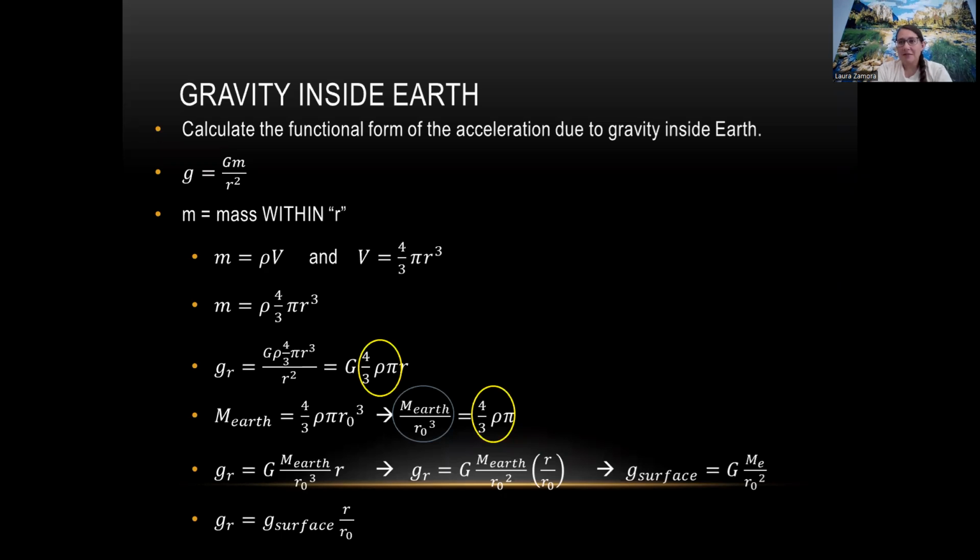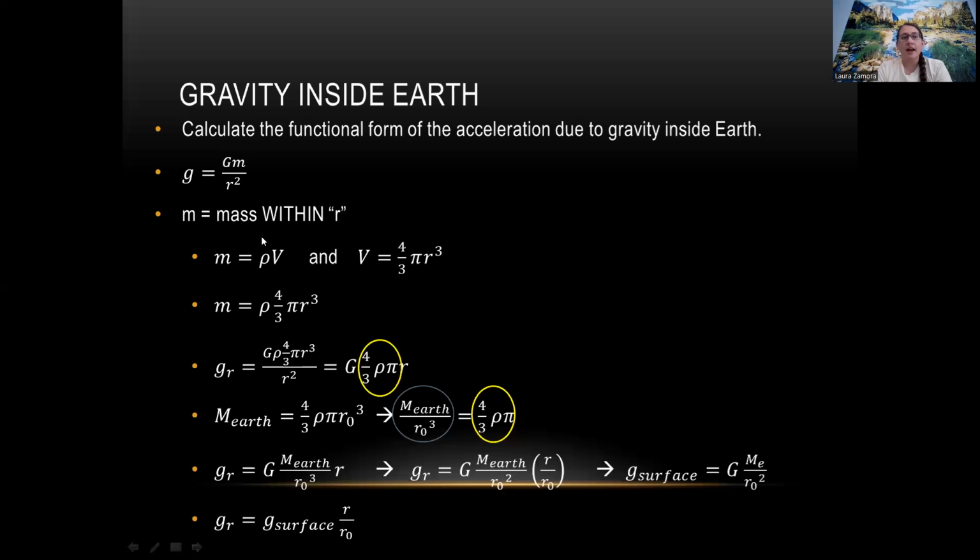So yes, it is a lot of math, a lot of substituting things into equations and simplifying as best we can, to figure out that inside the Earth, the acceleration due to gravity changes linearly with respect to the distance away from the center of the Earth, this term r.